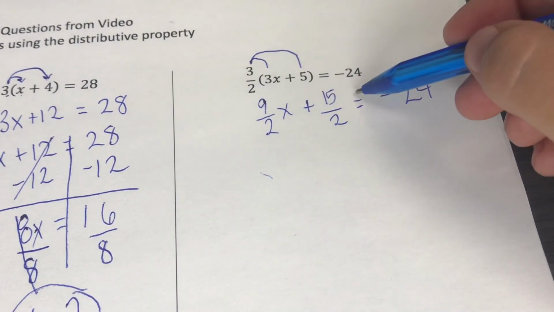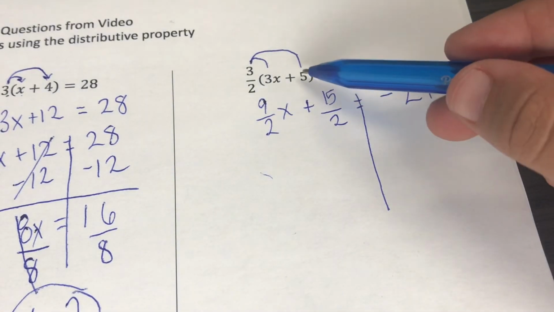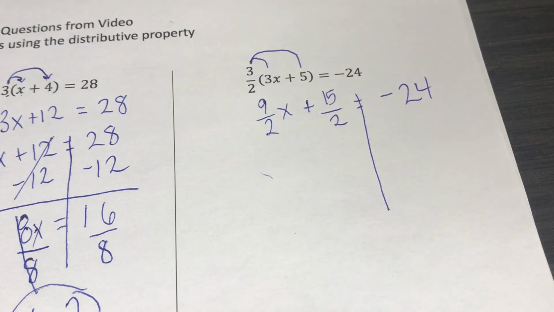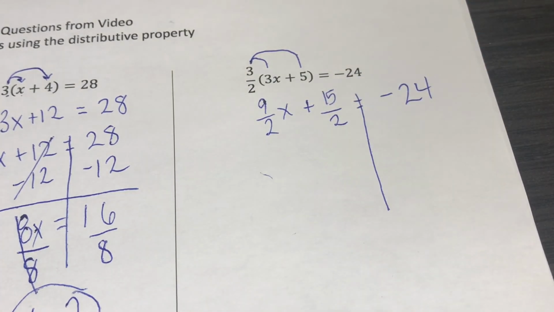Now, this is when we can draw our line across the equal sign to separate the left-hand side from the right-hand side. Our next step is to move the number that does not have a variable. In this case, the plus 15/2 does not have a variable.